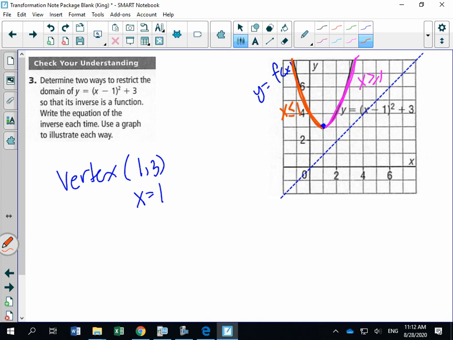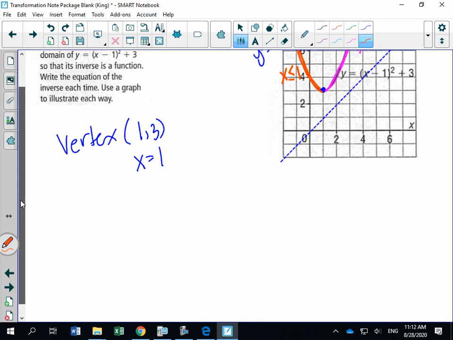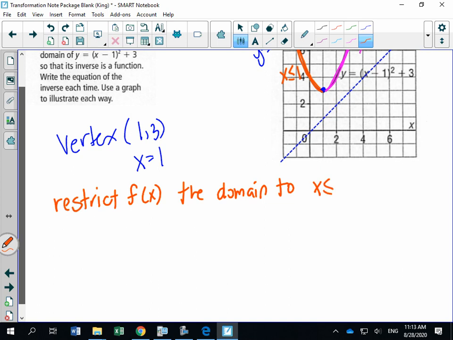So how we're going to restrict the domain of the original f of x, the domain, to x is less than or equal to 1 or x is greater than or equal to 1, right?